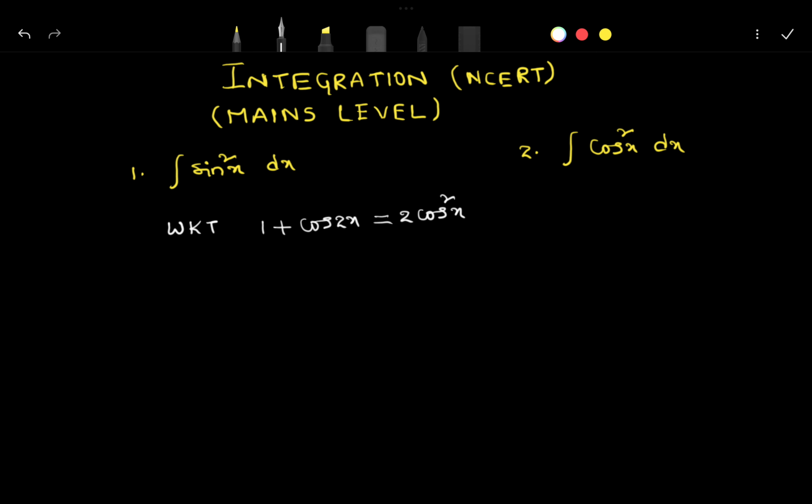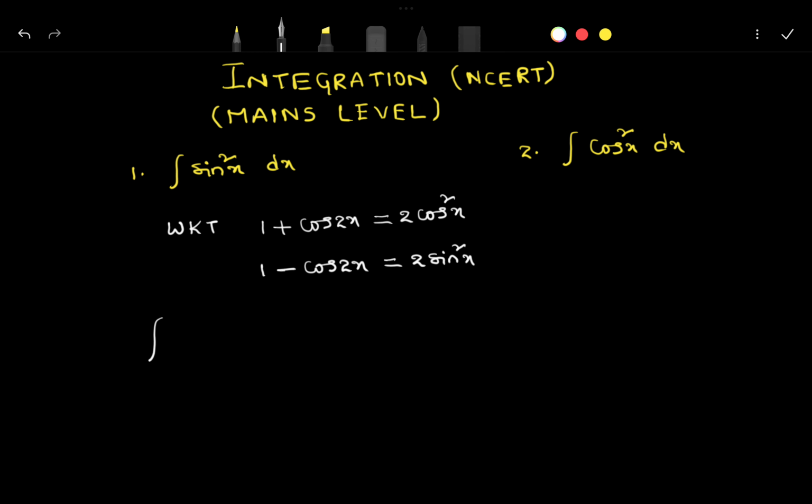And the next one is that 1 minus cos 2x is equal to 2 into sin square x. By using these formulas, you first eliminate the power of the given trigonometric function. So we'll do the first question solution.